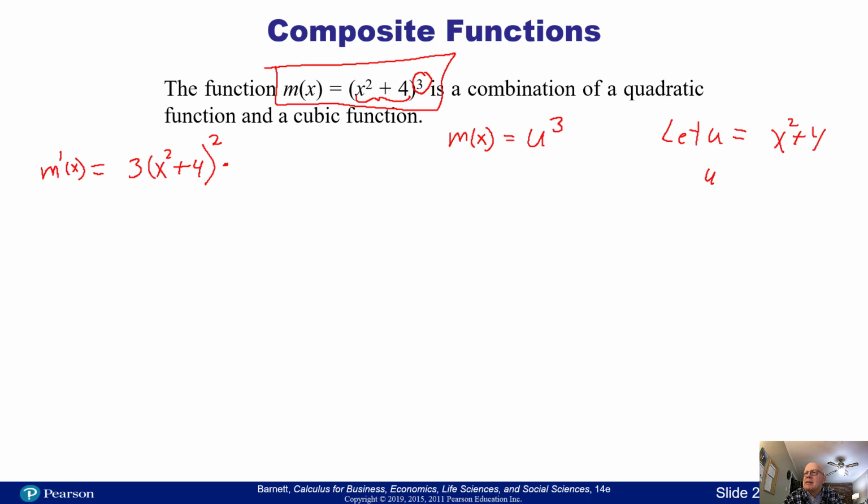Well, let's see what it is. If I took the derivative of that, it would be 2x. So that's times 2x. There's my derivative of that composite function. We can slide these two together. So 6x times x squared plus 4 quantity squared.